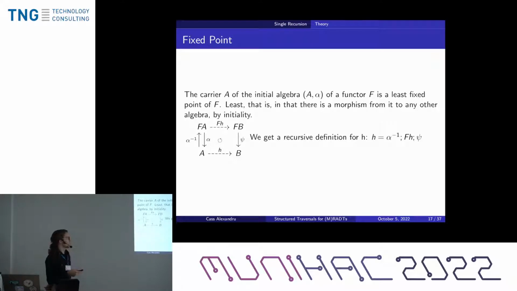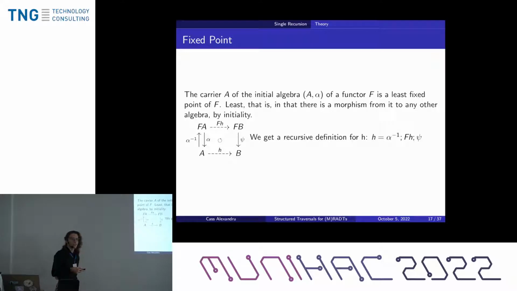We wanted to get a recursive definition for H. So H was the initial morphism that we're given, but in category theory it's not really constructive in a sense. We've just proved that it always needs to exist for an initial object, and this edge H, we can take by going via alpha to the minus one, then f of H, and then psi in the target algebra. And because the diagram commutes, this gives us something that looks like a recursive definition.